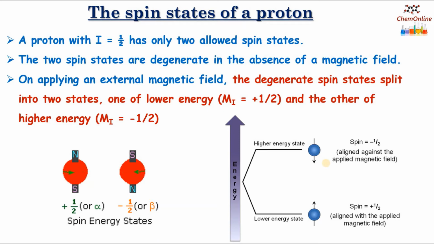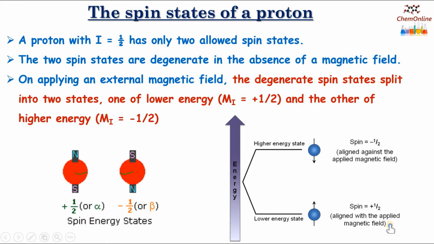So a proton with 2 spin states, plus half and minus half, they are degenerate, or they are having the same energy, in the absence of a magnetic field. But when we apply an external magnetic field, the magnetic moment of the spinning proton will be aligned either with the direction of the applied magnetic field or in a direction opposite to the applied magnetic field.